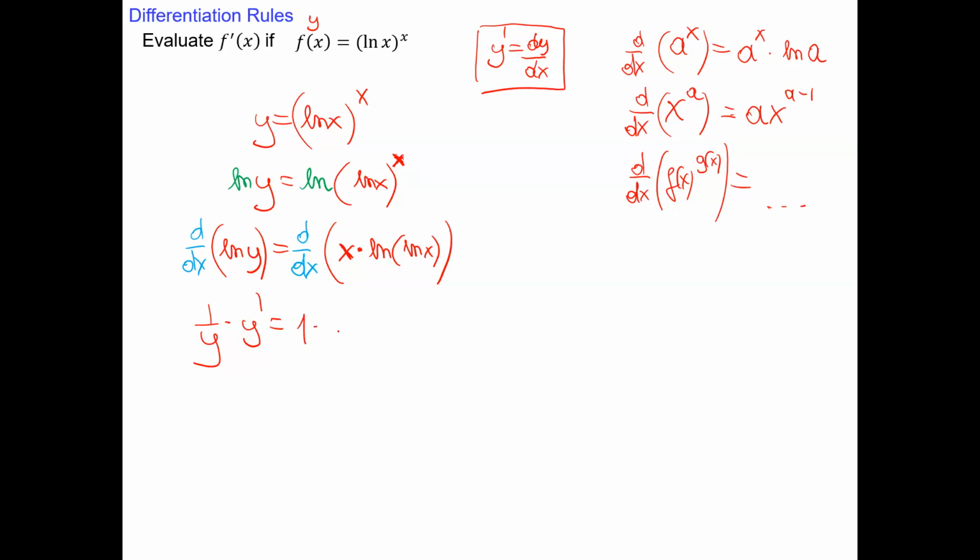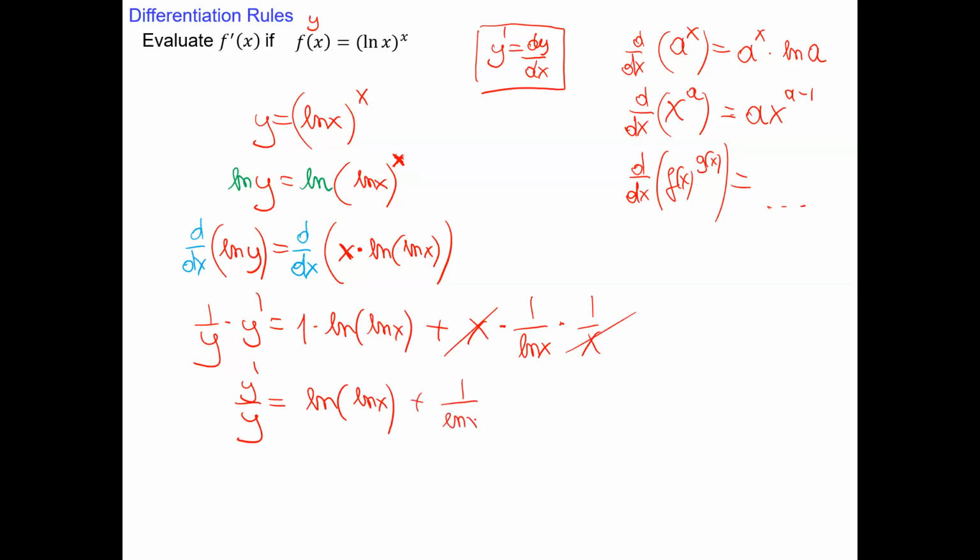Derivative of x is 1 times natural log of ln of x plus x times derivative of ln of x is 1 over ln of x times derivative of ln of x, 1 over x. Okay, we will have y prime over y. This will be natural log of x. We can cancel out plus 1 over ln of x. And we will solve for y prime.